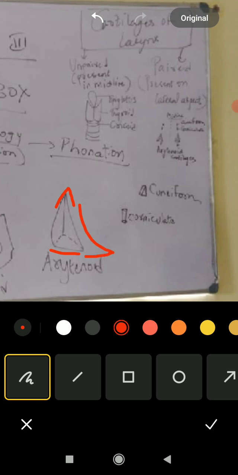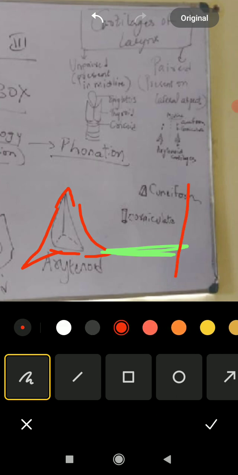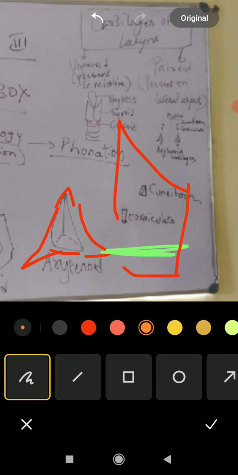It's called the vocal process, and a projection sidewards or lateralwards. It's called the muscular process. As the name suggests, vocal process gives attachment to vocal cord, which is present on the inner surface of thyroid cartilage like this, whereas muscular process gives attachment to the muscles of the larynx. So many muscles of the larynx will come over there.